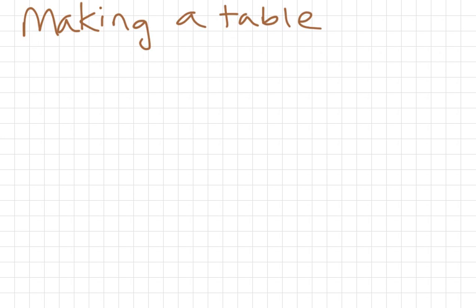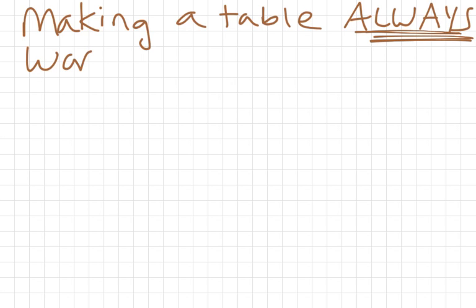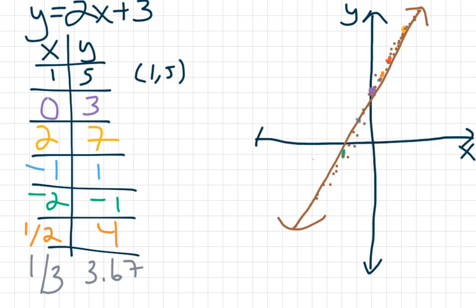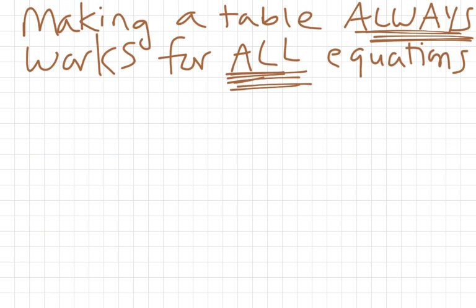So key takeaway from this is this: making a table like we just did always works for all equations. If you know how to do what we just did and make that table, pick an x, find a y, plot the point, pick an x, find a y, plot the point, you can graph absolutely everything.